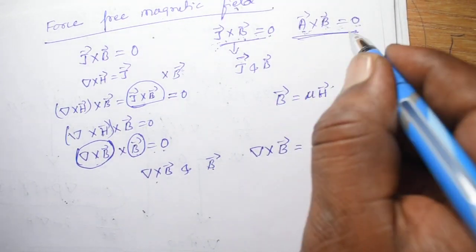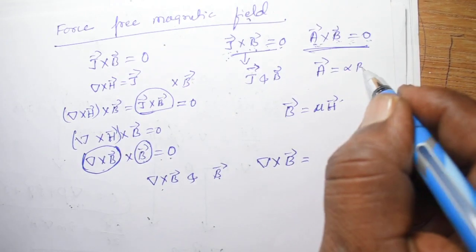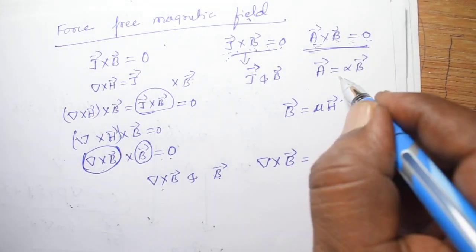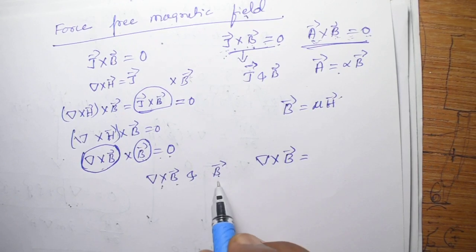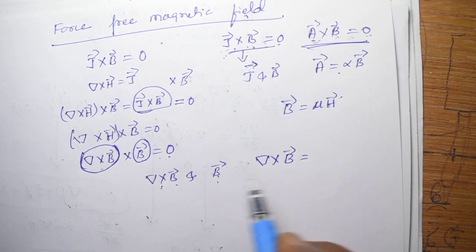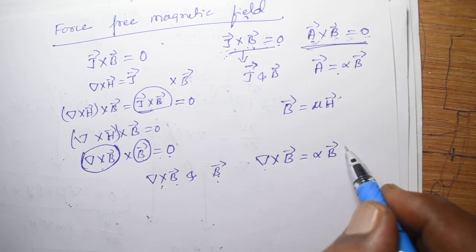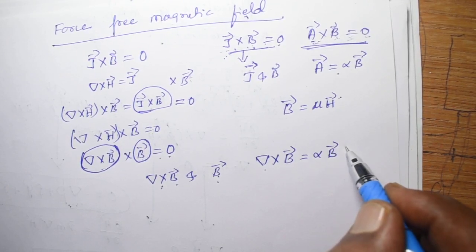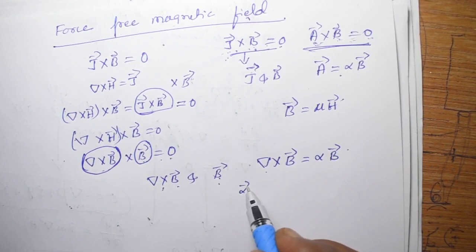A and B are parallel means that A is equal to some alpha into B, where alpha is a scalar. In the similar manner, curl of B and B are parallel means curl of B must be equal to some alpha into B, where this alpha is a proportionality constant.